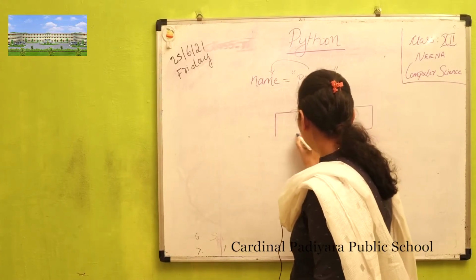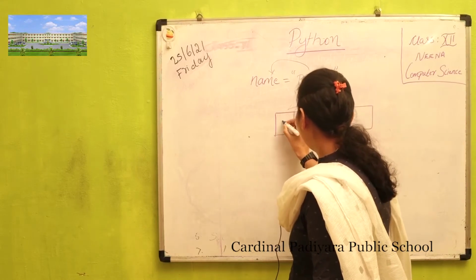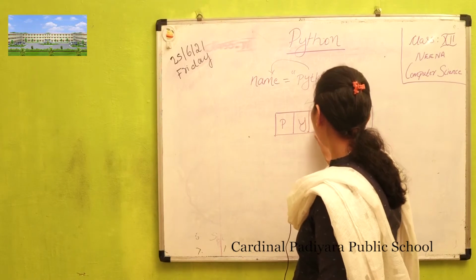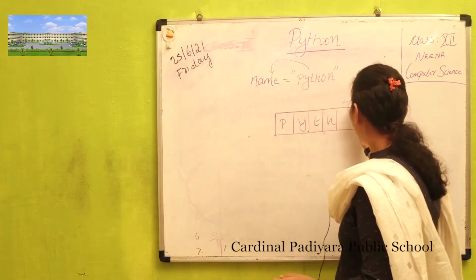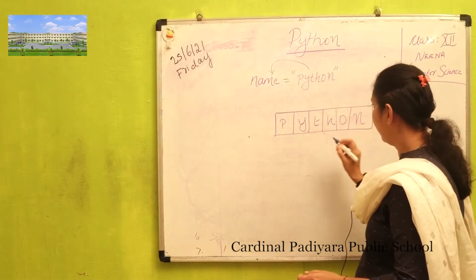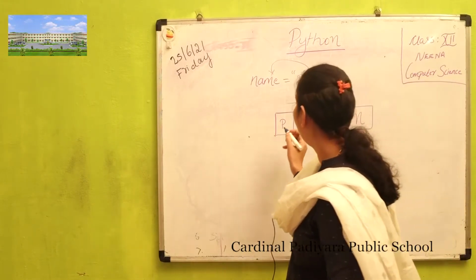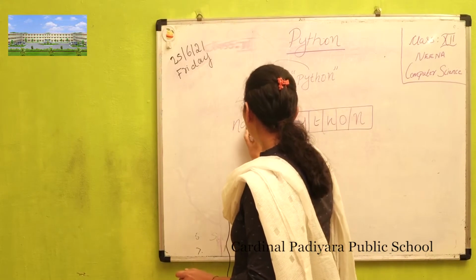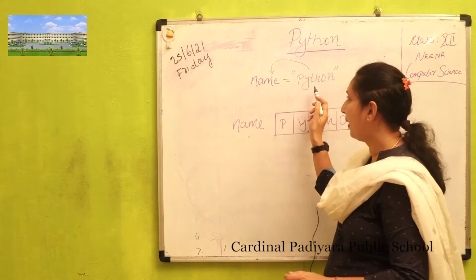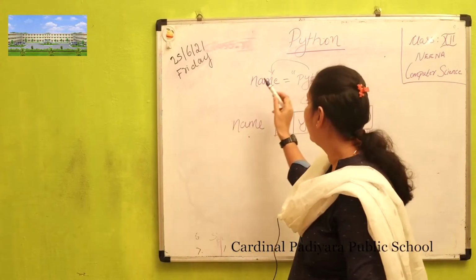Each individual character can be located in each memory location. Here this is your variable. This Python is assigned to a variable called name.